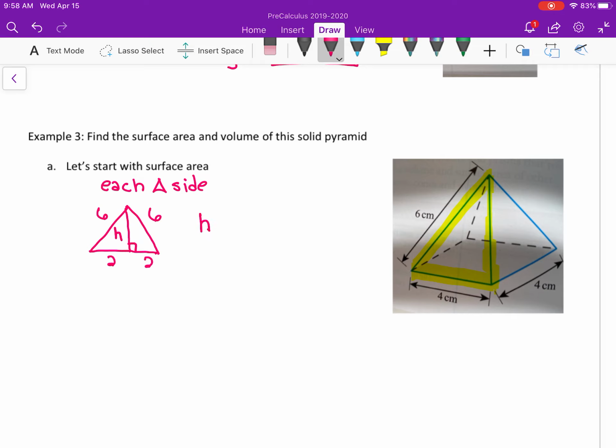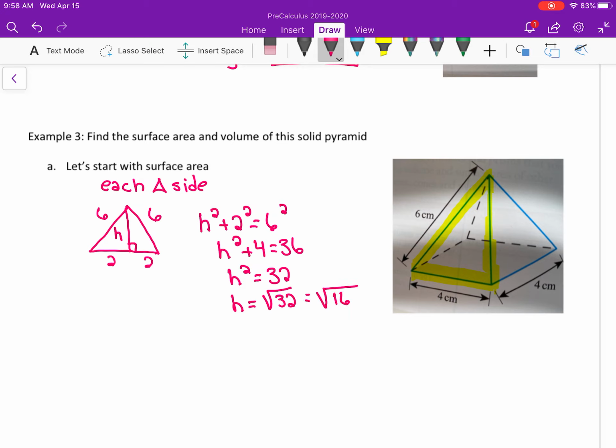All right, so to do that, I can just use Pythagorean theorem. H squared plus 2 squared equals 6 squared. So h squared plus 4 is 36. H squared equals 32. So h is the square root of 32. And if you remember all your properties of breaking down radicals, that's 4 root 2.